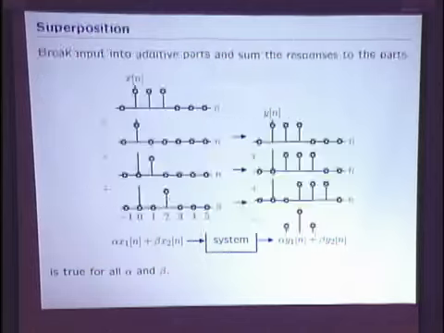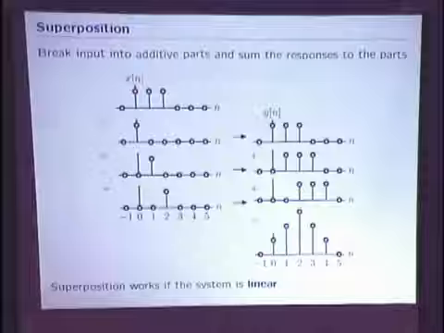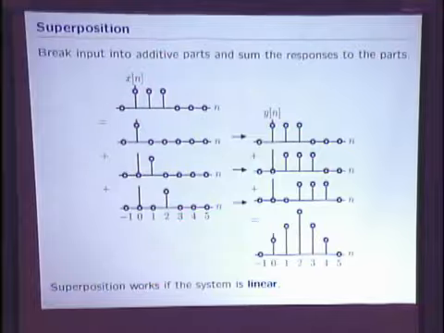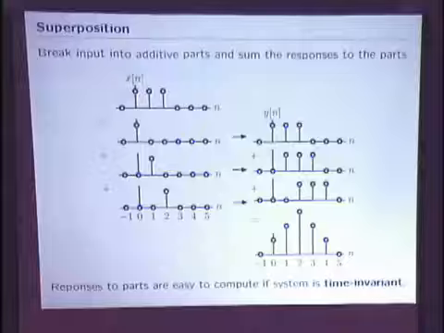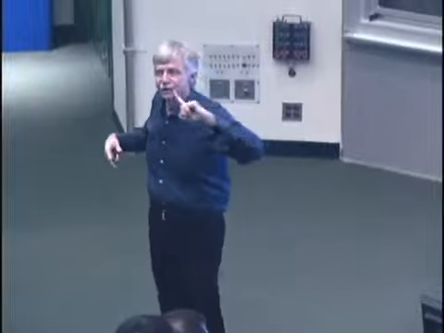So then, if it's linear, then we're allowed to do this decomposition, because all we're doing is decomposing the input into a sum of inputs. We'll always be able to do that operation of the decomposition if the system is linear, according to the definition I already showed. If the system also has the property that we will call time invariance, then the response to the parts will be particularly easy to calculate.